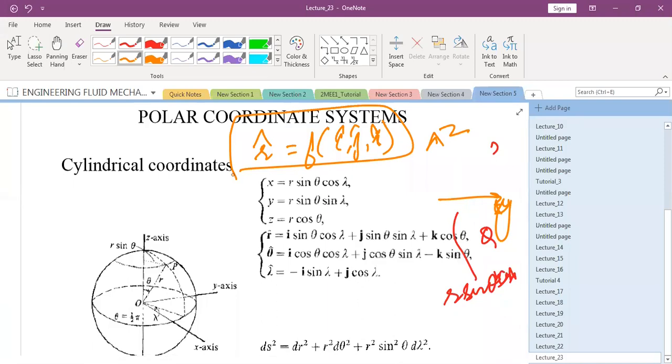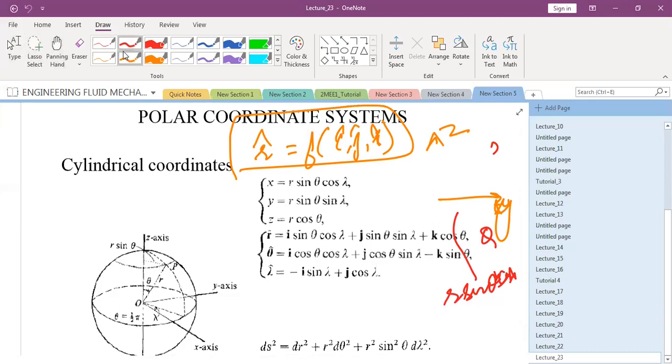I should project i cap onto r cap, j cap onto r cap, and likewise k cap onto r cap. Is that clear? Any doubts to anyone? So I will do the exact opposite of what I have done with these three equations.